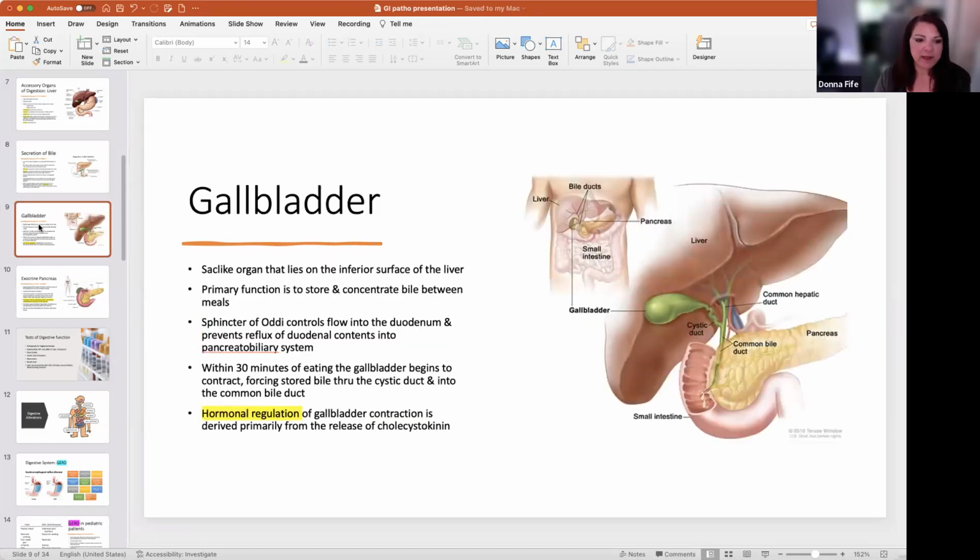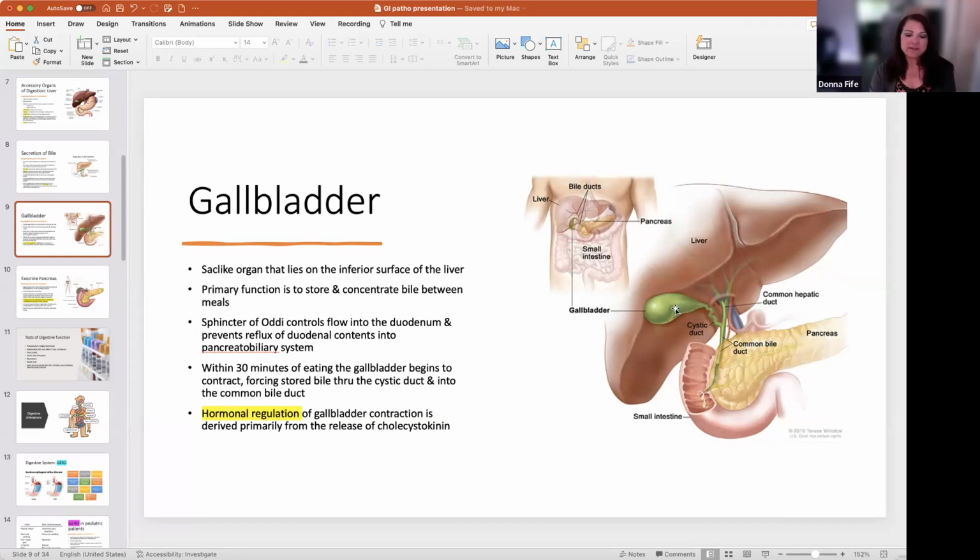Moving on to the gallbladder. This is a sac-like organ that lies on the inferior surface of the liver. See, we're here, right here under the liver. Its primary function is to store and concentrate bile between meals. The sphincter of Oddi controls flow into the duodenum, and it prevents reflux of duodenal contents into the pancreatobiliary system.